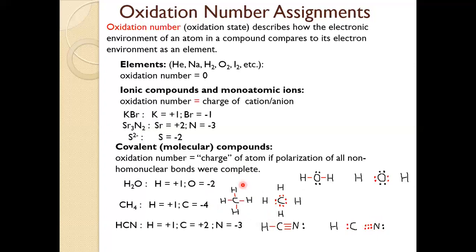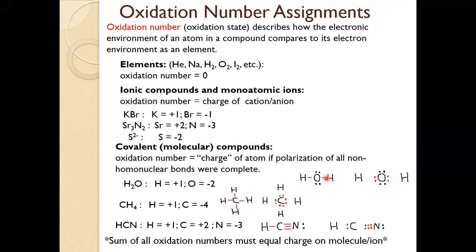Fortunately, though, there is a sort of a shortcut. And the shortcut is based upon this very important idea that when we add up all the oxidation numbers of all the atoms in a molecule or an ion, that sum must equal the charge on that molecule or ion.